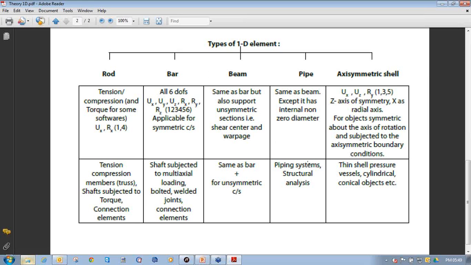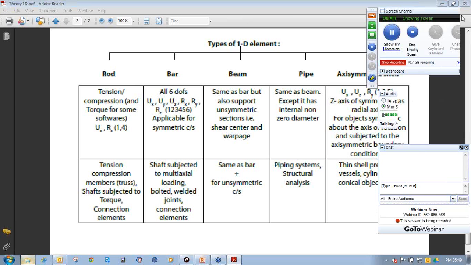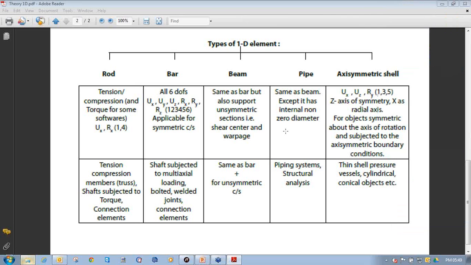Rod supports only tension and compression and torque for some softwares. So the rod element supports only translation along the X particular axis. So rod supports only axial loads, that is tension or compression about a particular axis, or rotation about that particular axis, that is the twisting moment.